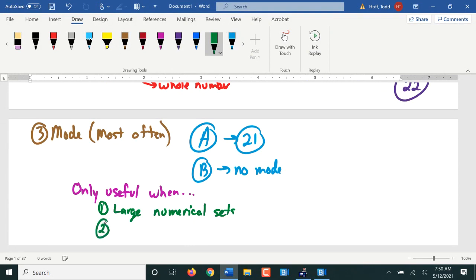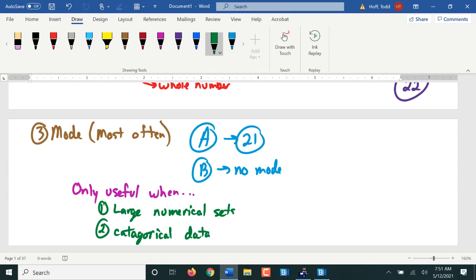The other is when we have categorical data. For your purposes, you're pretty much going to be doing numerical data. You're taking a measurement. You're measuring a length, a weight, force that it can handle, a surface hardness, whatever.